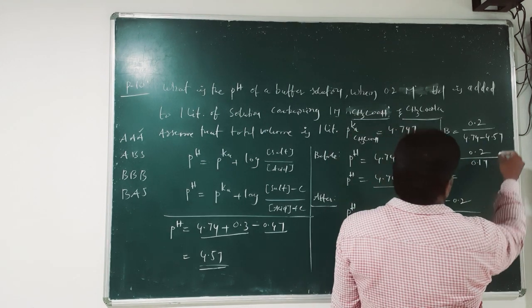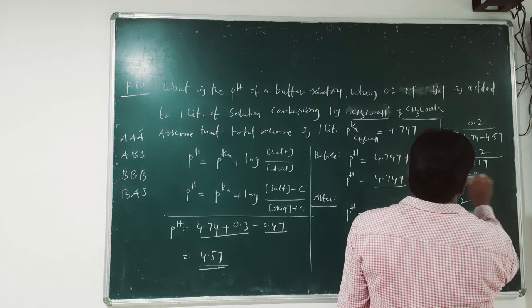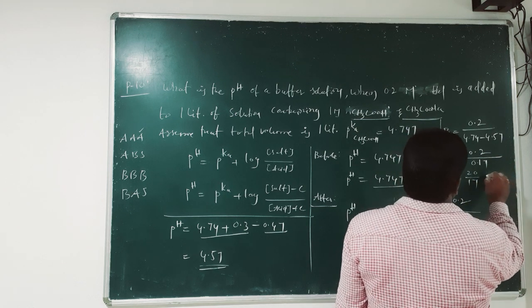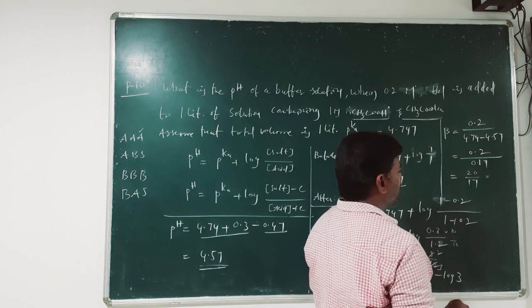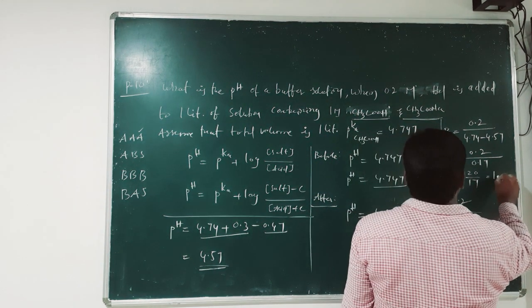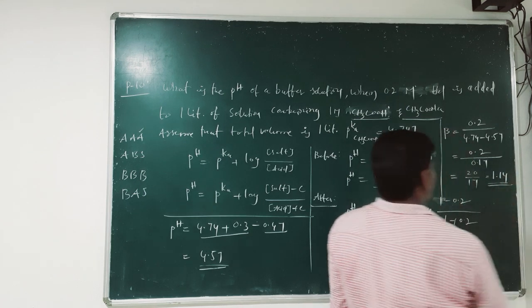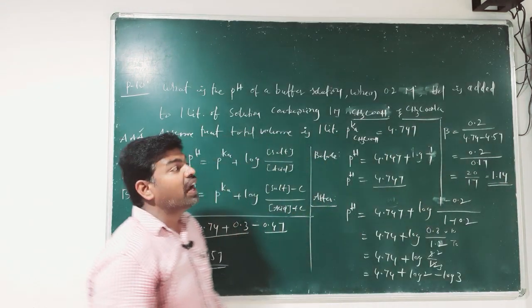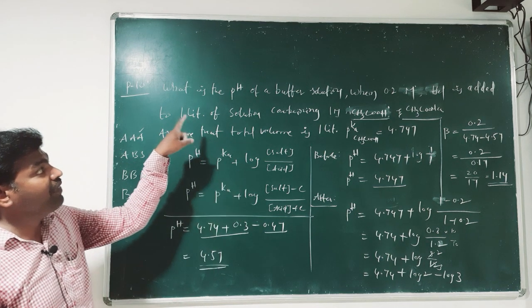It can be written as 20 by 17, which gives 1.14. So buffer capacity is 1.14.